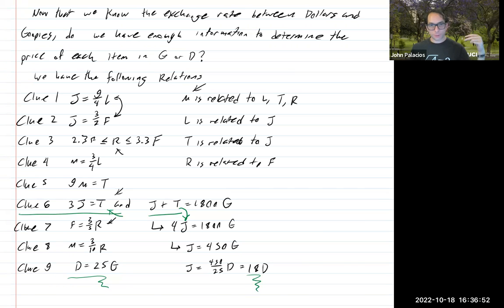Now we have the price of a jacket. We can figure out the price of everything else because, as you can see here, a jacket is related to the price of a flashlight, the price of a tank, and the price of a meal, and a meal is related to the price of other things. And so you can use this to build up the price of all these items in the table in the student workbook.